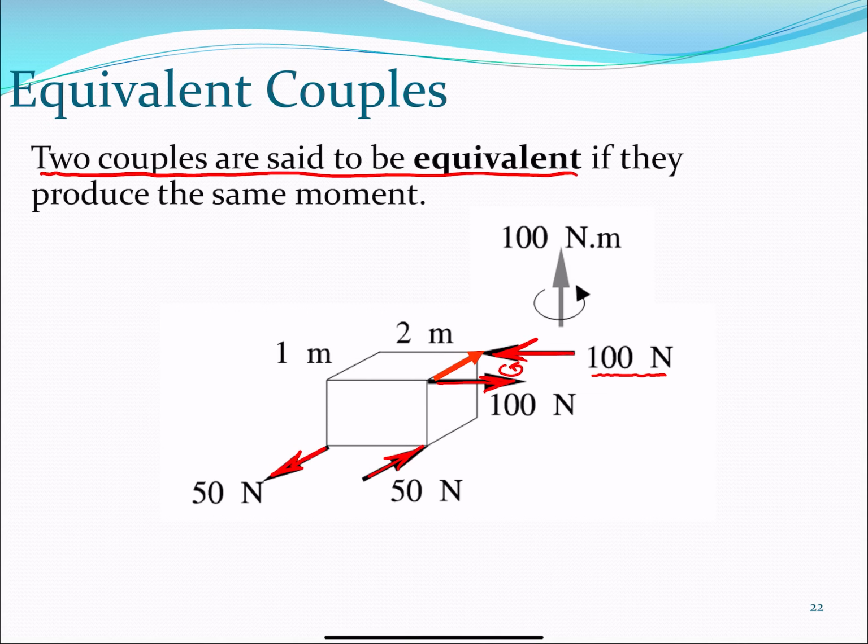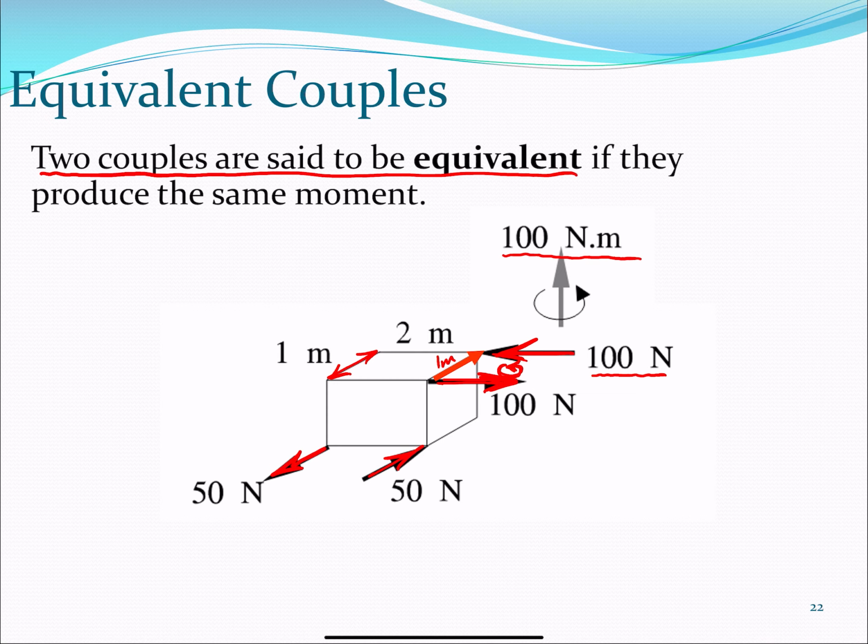This force coming this way and this force coming this way create this kind of rotational tendency. It's 2 times 100, with 1 meter separation, so 1 meter times 100 gives me 100 Newton meter. The resulting moment is 100 Newton meter oriented upward.